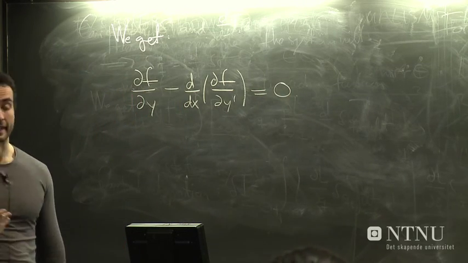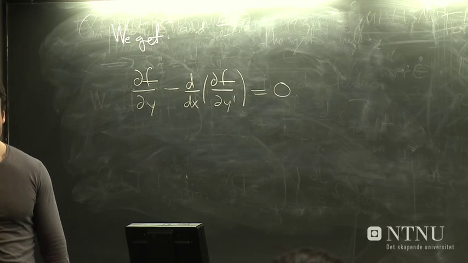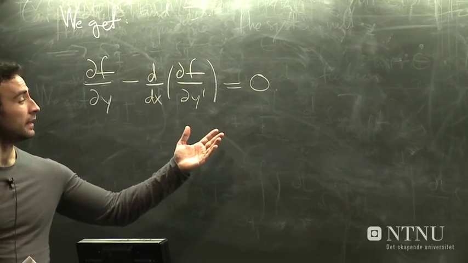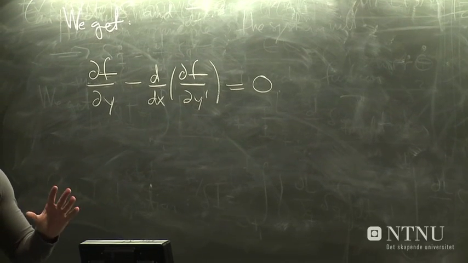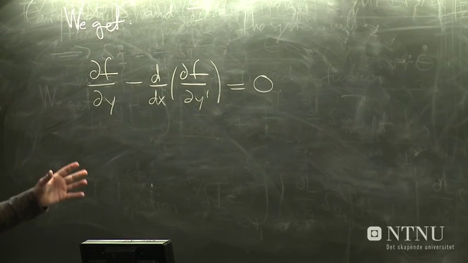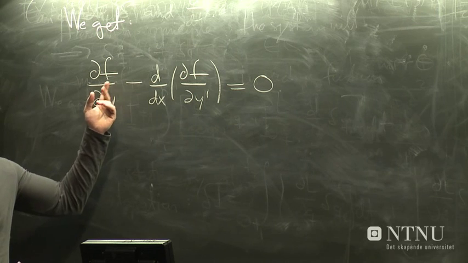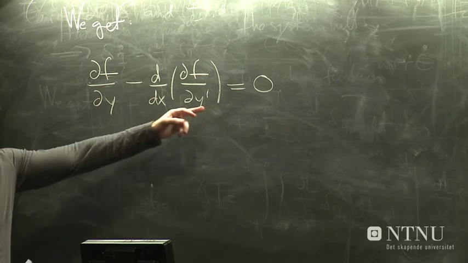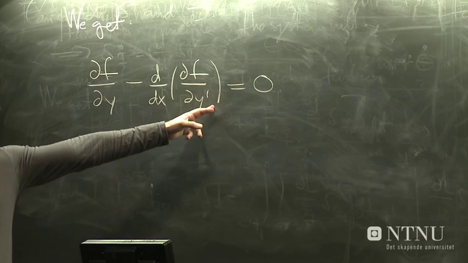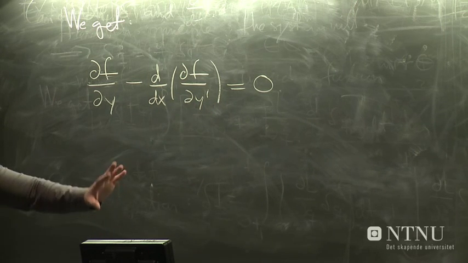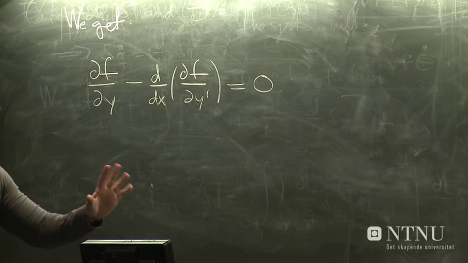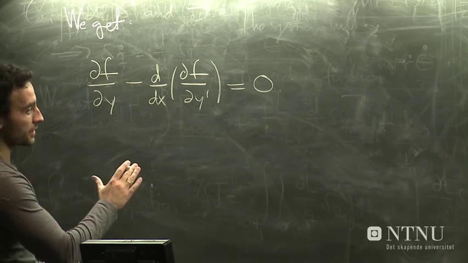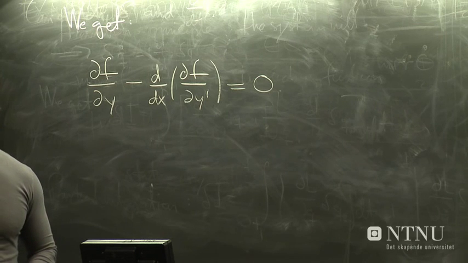And using exactly the same kind of reasoning, we obtain this equation. And this is equivalent to Lagrange's equations if you just make a few replacements. If you let f go to L, y go to q, and this prime go to dot. Right? So we're just using different symbols. We're using y and x instead of q and t. And in this context, this is known as the Euler-Lagrange equations.